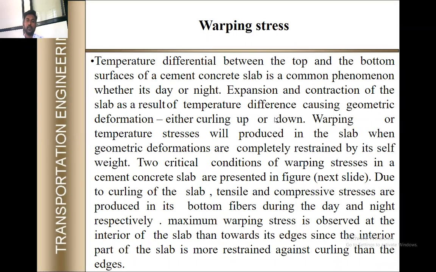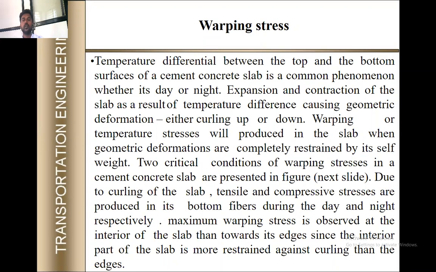Curling is what? Bending. The slab may bend in the upward direction or in the downward direction. This is called curling. So due to this temperature variation on the top and bottom layer, the slab may be subjected to geometric deformation, that is curling of the slab.